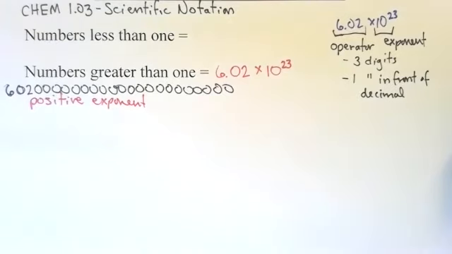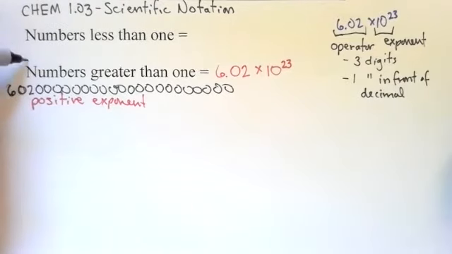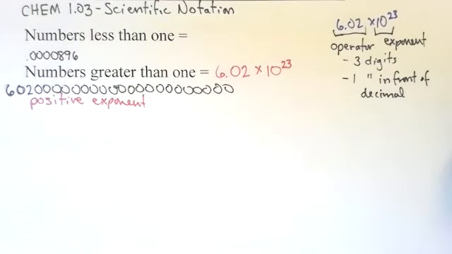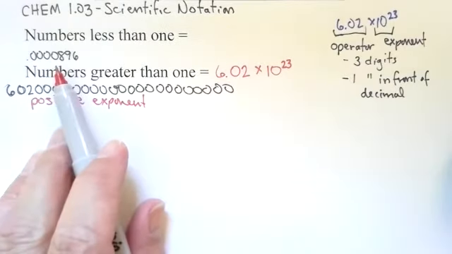But what if I have a number that's less than 1? So let's say I have the number 0.0000896. This is a number that is a lot smaller than 1. If I have a number less than 1, I put this into scientific notation the same way.